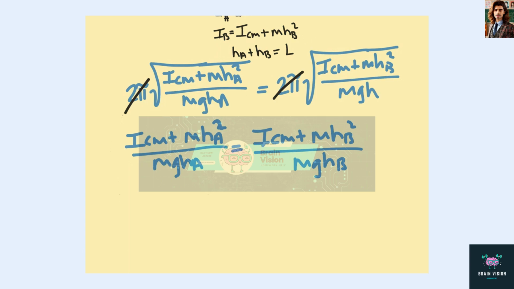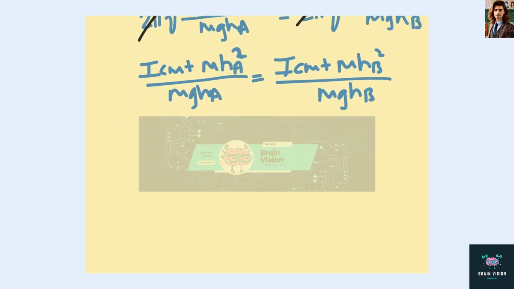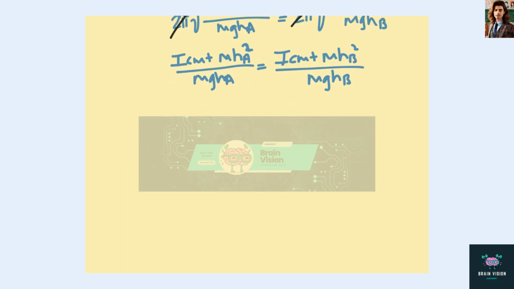Sorry, I forgot those up here, A and B. And we can cross multiply, and that will give us our new equation.